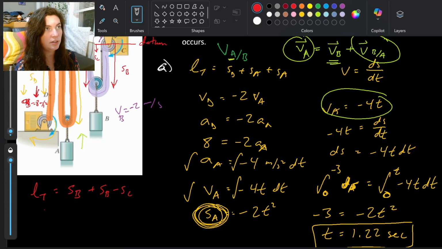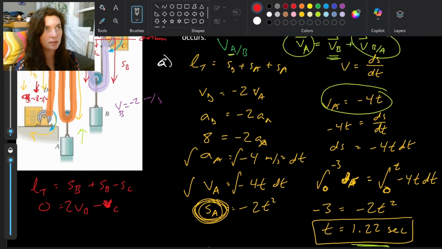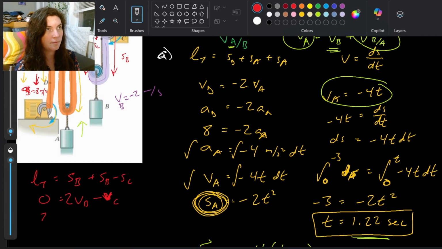When I take a derivative here, I get 0 is 2VB minus VC. Goodness, making so many errors in my writing today. Getting sleepy. So what I'm going to end up with is 2VB equals VC.